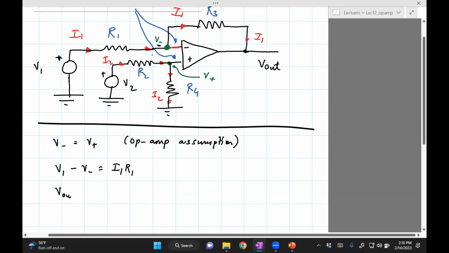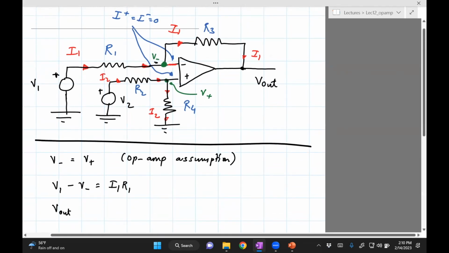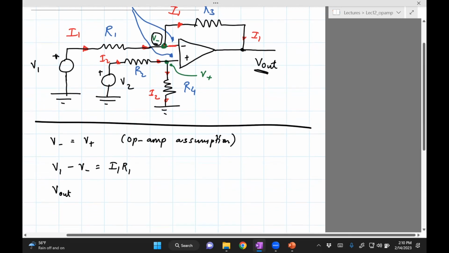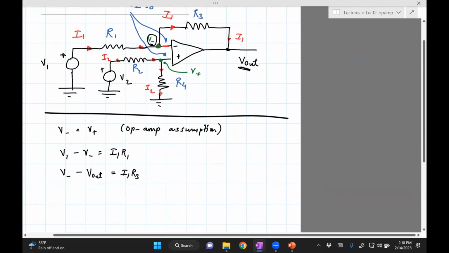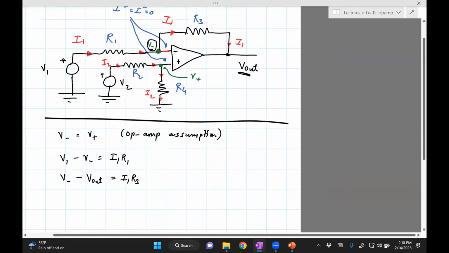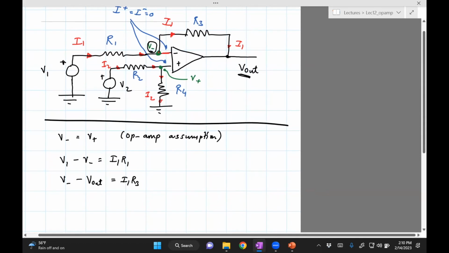Then, similarly, we can write Vout is the voltage here, minus the voltage here. Now, one thing to note is that the direction of the current flow is from V minus to Vout, right? That's the assumption. So V minus is at a higher potential. So I'll write this as V minus minus Vout equals I1 R3. Okay, so we've basically exhausted the equations for I1.